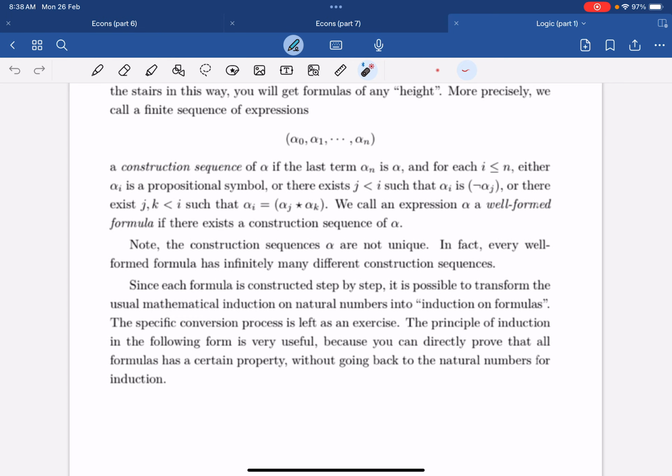And with this step-by-step approach, we can now use it as an induction way of deriving properties.